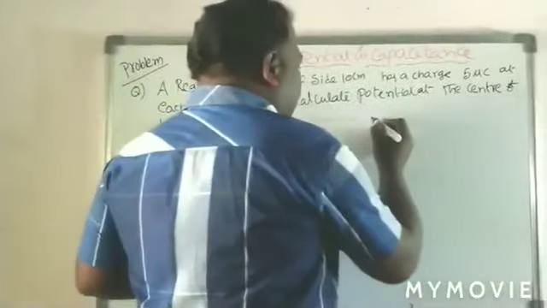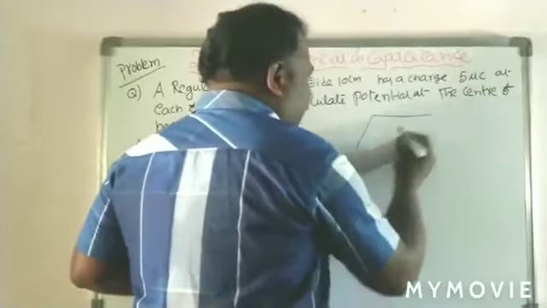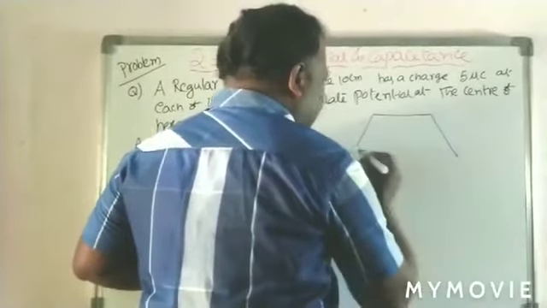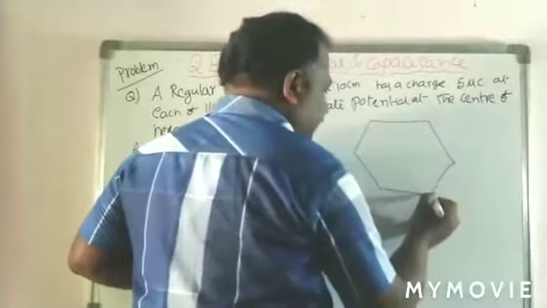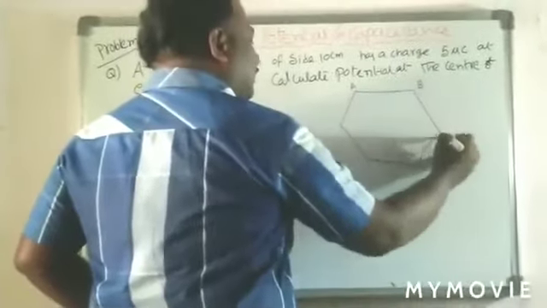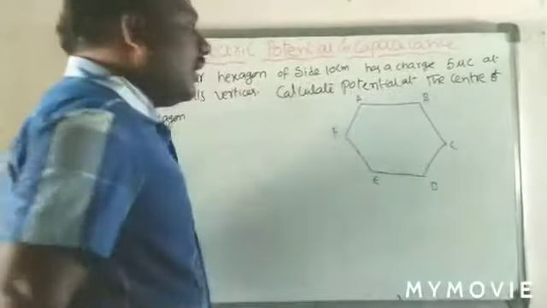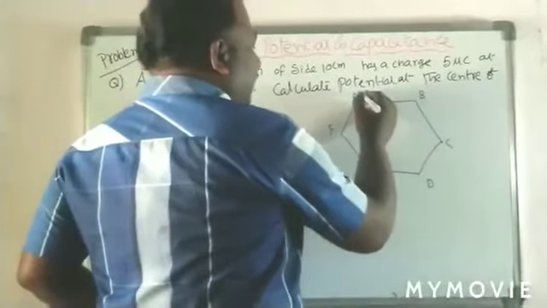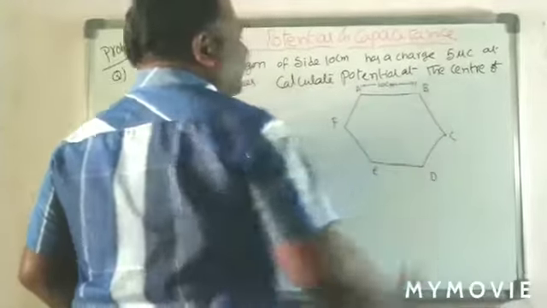See here, first I draw the hexagon. A hexagon has equal sides, and a total of 6 sides will be there. Here it is, the hexagon. We assume A, B, C, D, E, F, and they are given each side is 10 centimeter.